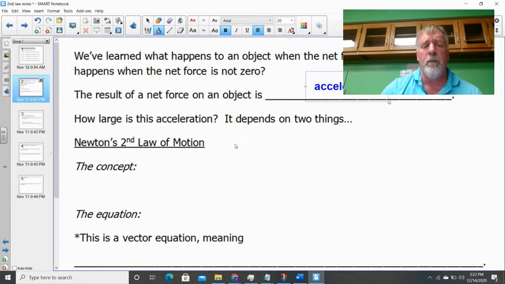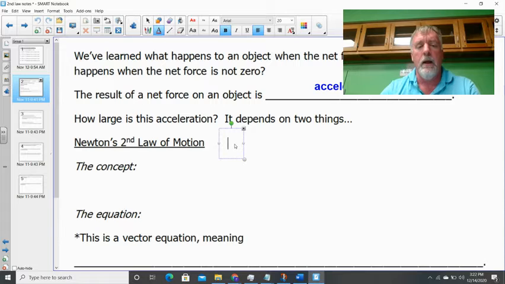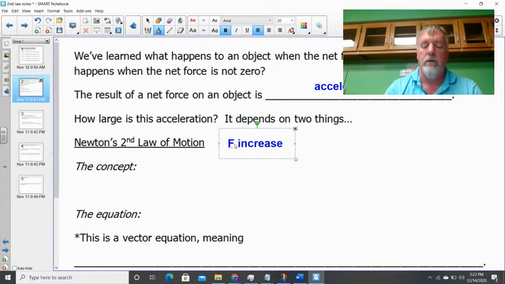So I want you to think for a moment: what if we had a force, and we increase that force, then what's going to happen to our acceleration? I'm going to say F increases, and use this arrow to show what happens to our acceleration.